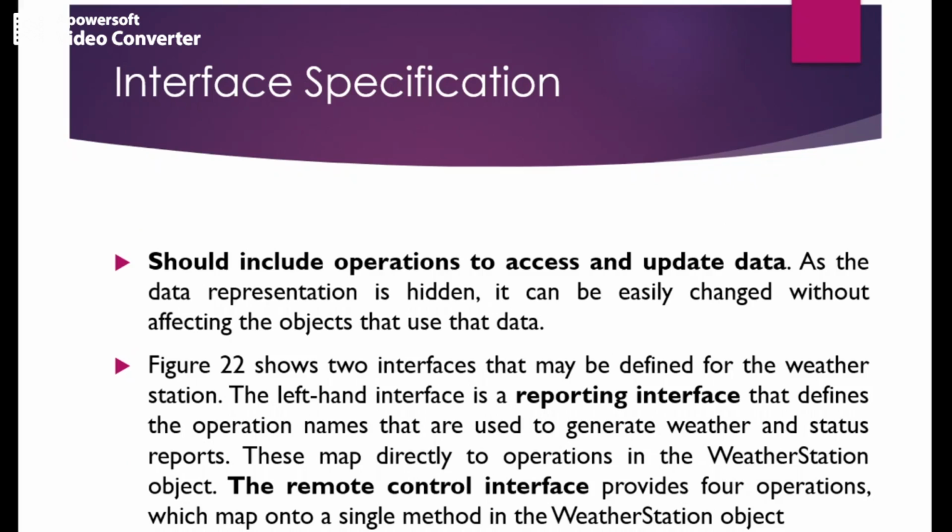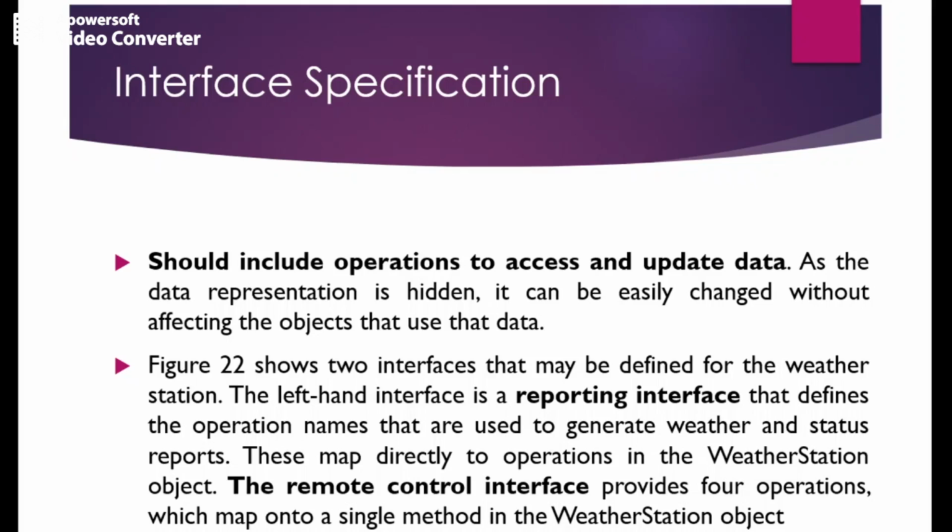It should include operations to access and update the data. So what should be included in your interface? It should include operations to access and update the data. So you know that data representation is hidden in the interface.